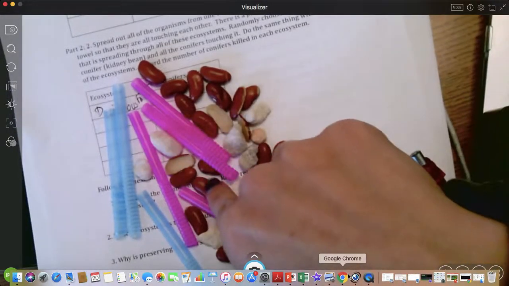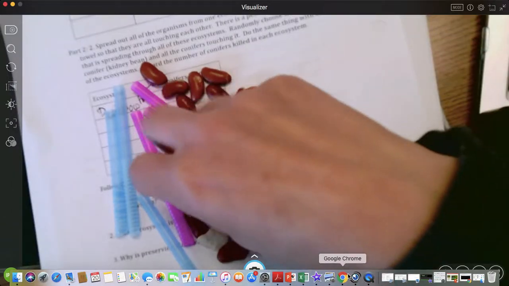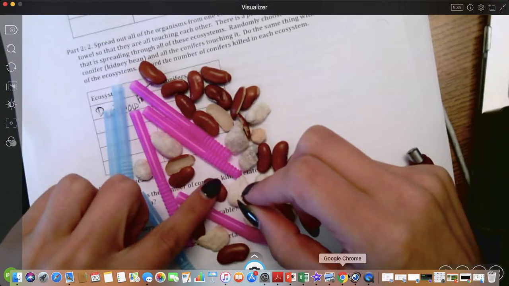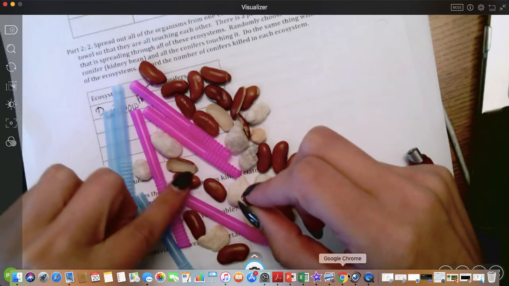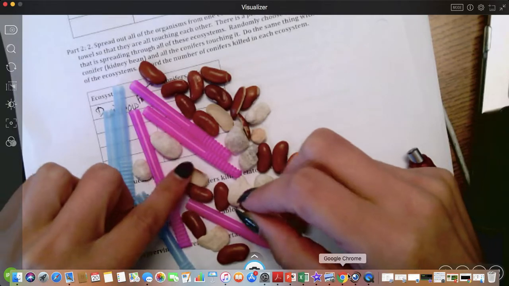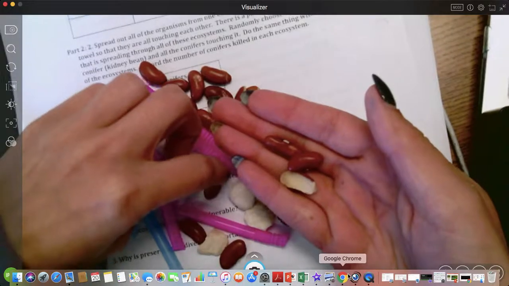I'm going to say it's this one. Let's say this one is sick. All the other ones that it was touching are also going to be sick. This one was touching it, so it becomes sick. So is this one. This one wasn't touching, but it touched an individual that got sick, so it dies too. In total, these 4 beans got sick and died.